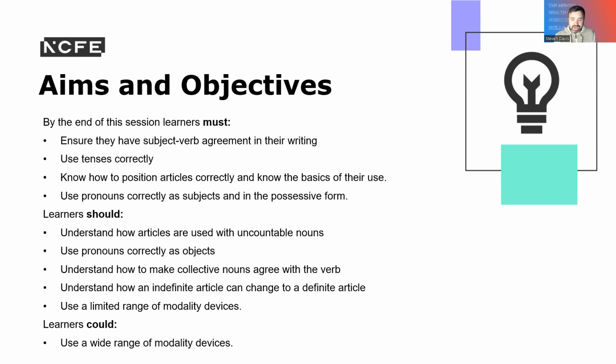Learners should understand how articles are used with uncountable nouns. Use pronouns correctly as objects. Understand how to make collective nouns agree with the verb. Understand how articles can change to different articles. Use a limited range of modality devices, and learners could use a wide range of modality devices.